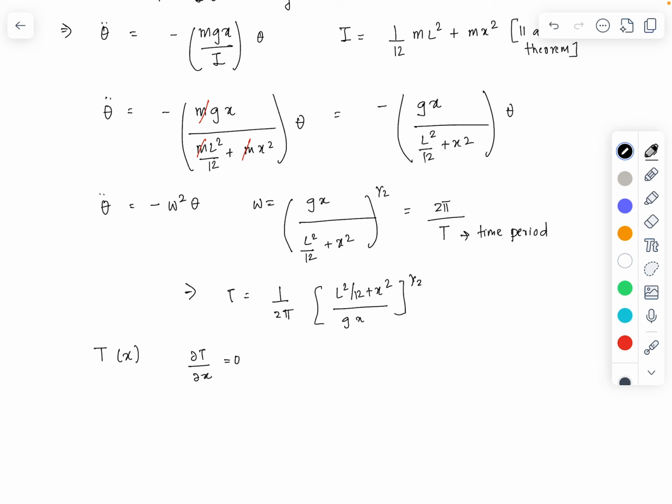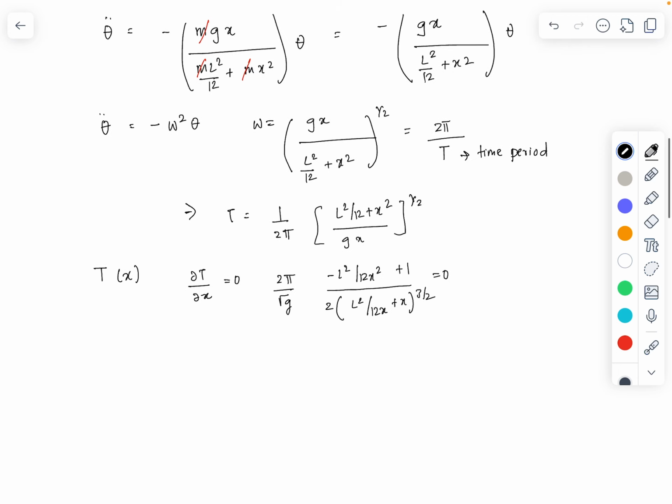Essentially that will give us 2 pi over square root of g, times (minus L squared divided by 12x squared, plus 1), divided by 2 times (L squared divided by 12x plus x) to the power 3/2, and we set that to 0, so we get x equals L divided by square root of 12.